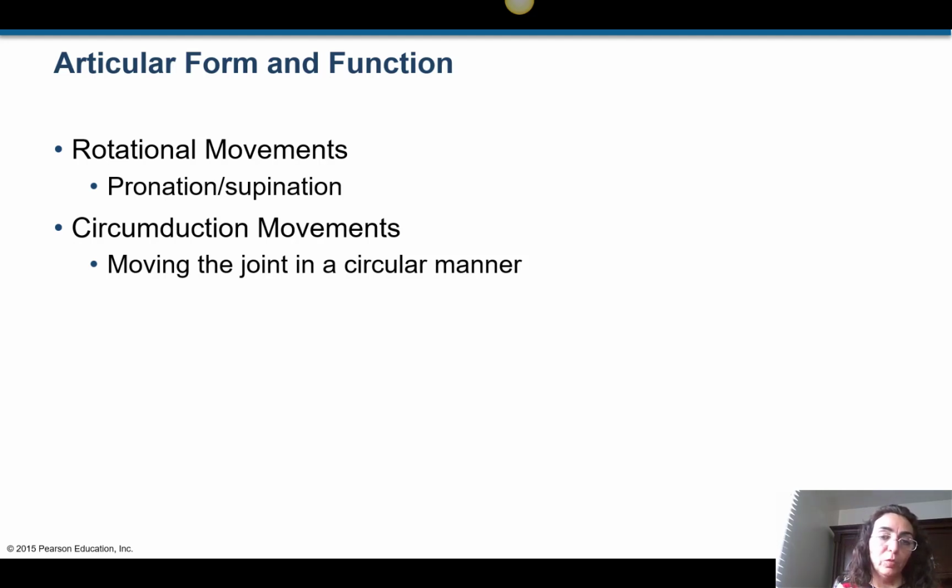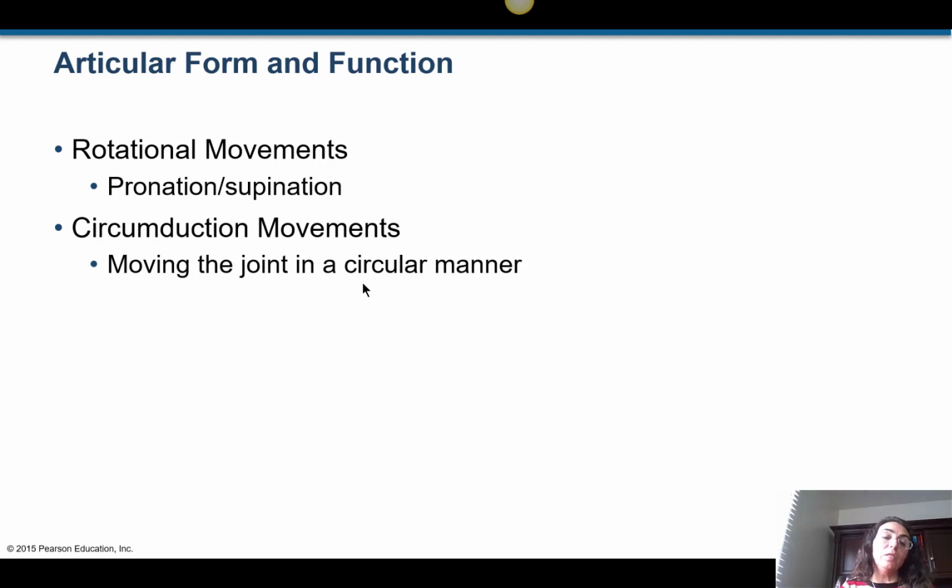Those are rotational movements. And circumduction is moving the joint in a circular manner. It is like this. So this is a circumduction, right? Like drawing a circle over the board like that. That might be in both directions, right?